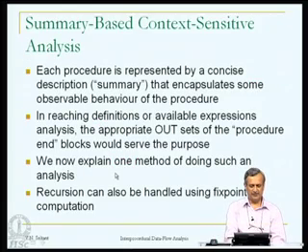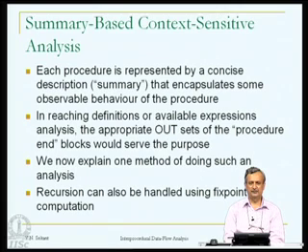Then the second approach is called the summary based context sensitive approach. So, here each procedure is represented by a concise description or summary that encapsulates some observable behavior of the procedure.